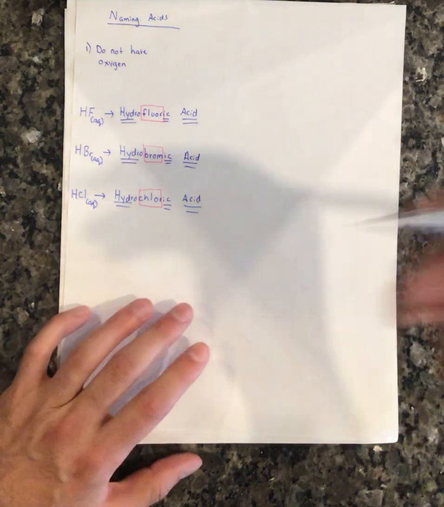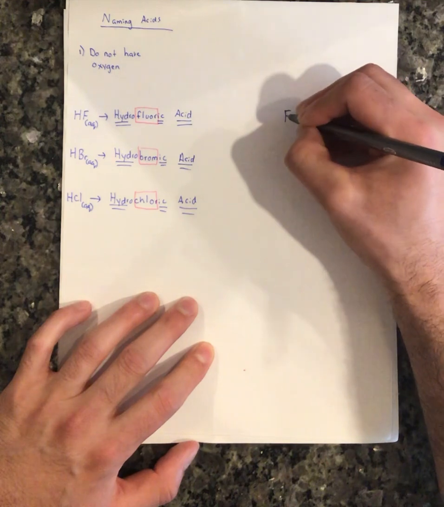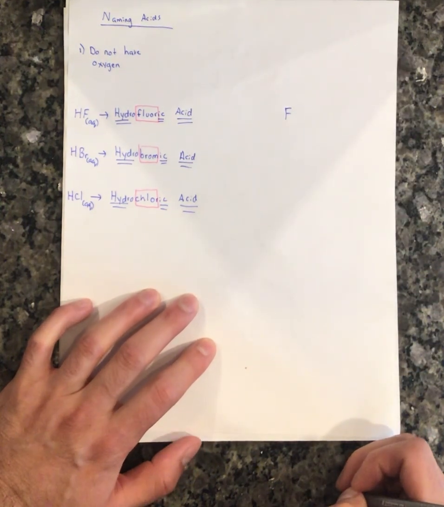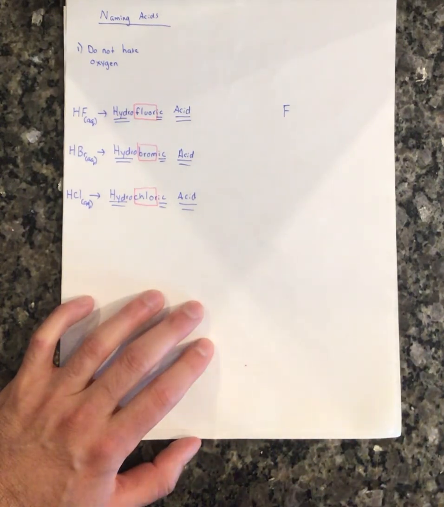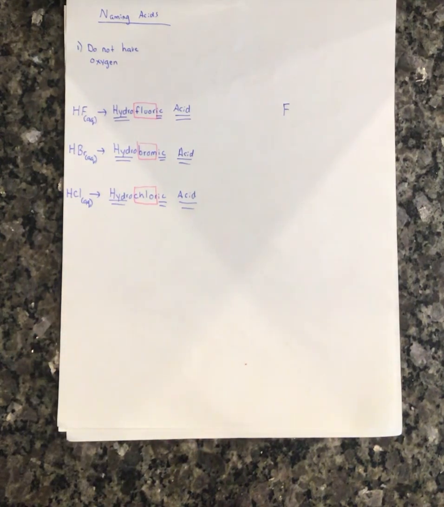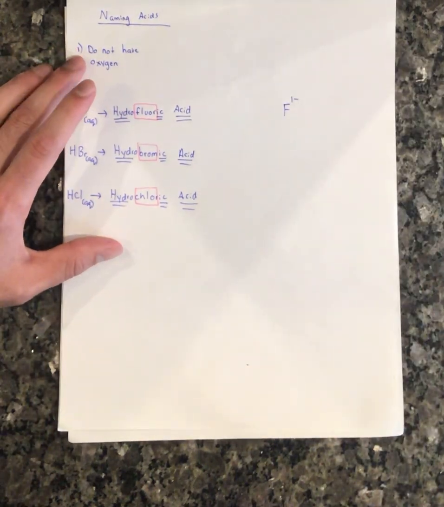When you're trying to come up with these formulas, you start with that root element, which would be fluorine. Now, you need to come up with what that ionic charge is. Fluorine has 7 valence electrons, and we know that in a valence shell there wants to be 8 electrons. So it's going to take 1 extra electron in, and it's going to become 1 negative.